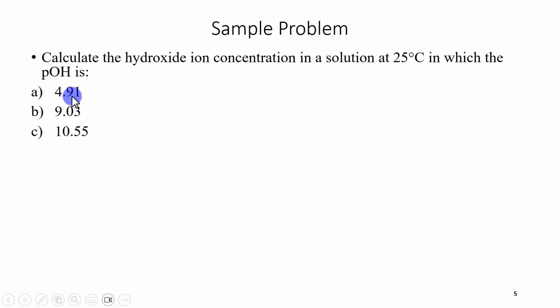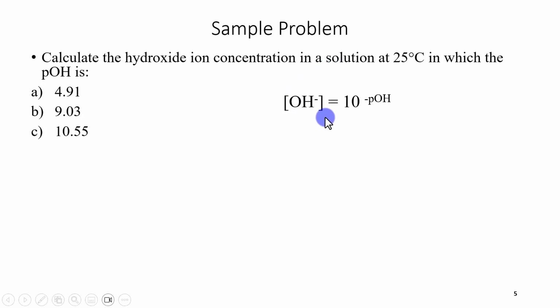And lastly, calculate the hydroxide ion concentration where we know the pOH. The pOH value is 4.91. Similarly to the pH, when we know the pH value, we use the H3O plus concentration is equal to 10 raised to the minus pH power. Here it's very similar.